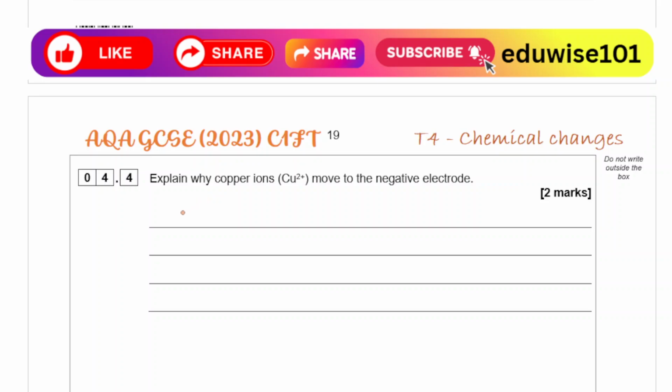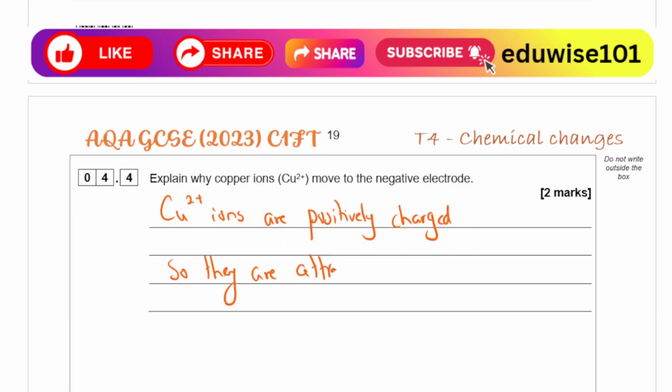So copper ions, Cu2+ ions, are positively charged, so they are attracted to the negative electrode.